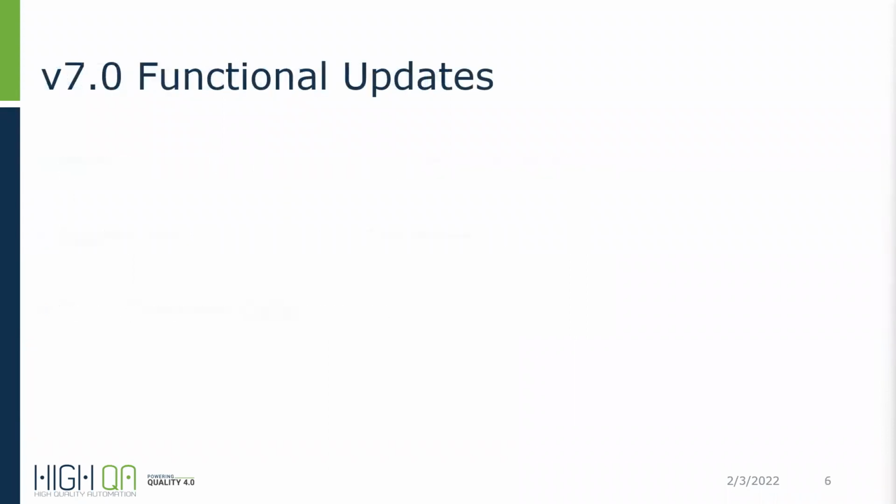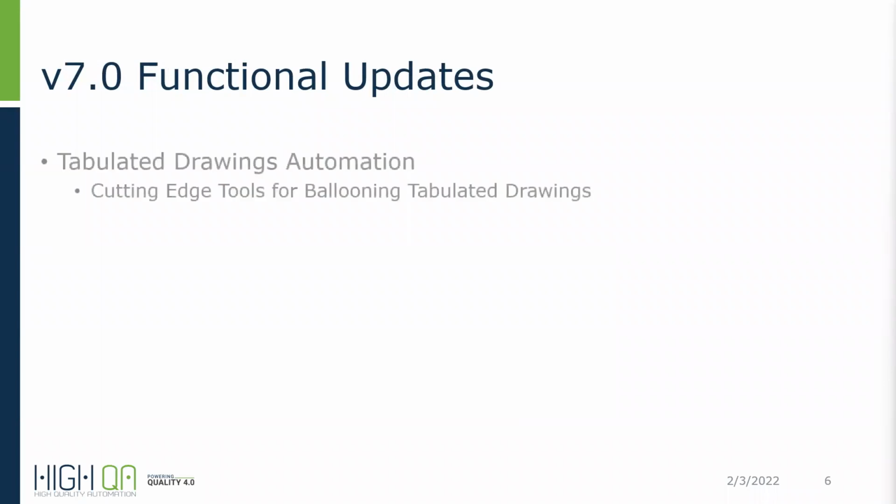As far as functional updates within version 7, we'll just highlight the 3 main areas. One of them is a little bit tangential to the topics I just brought up, but it is a major feature that we want to highlight with version 7: tabulated drawings automation.